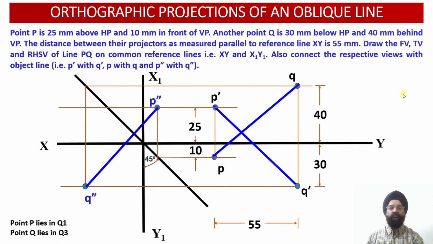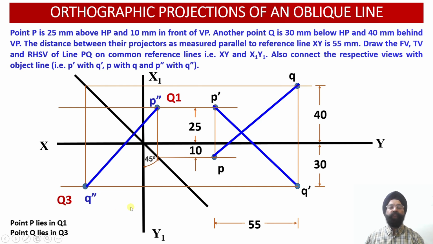So point P was lying in quadrant number 1, while point Q of the line PQ was lying in quadrant number 3. So we can check over here, point P double dash is lying above HP and in front of VP, so it is lying in quadrant 1, whereas point Q double dash is lying below HP and behind VP, so it is lying in quadrant number 3.